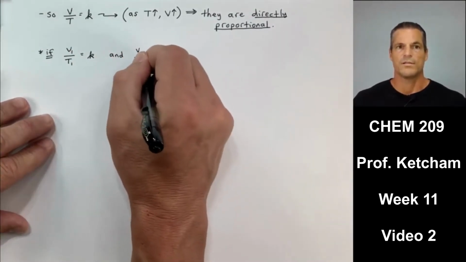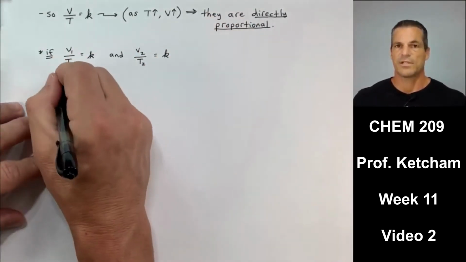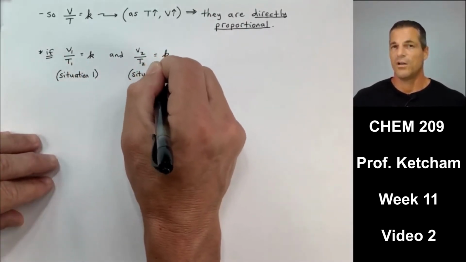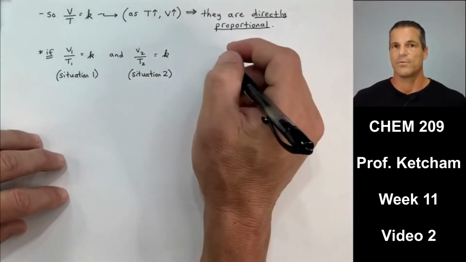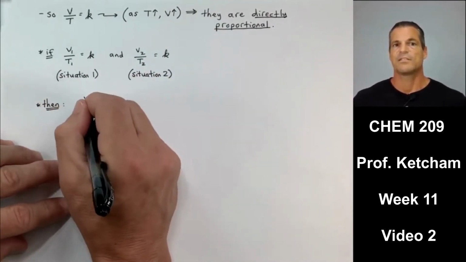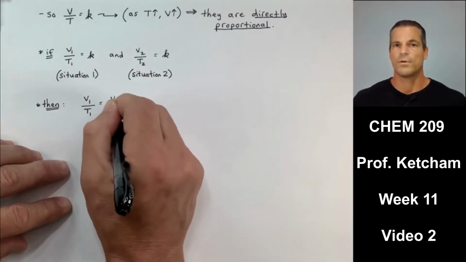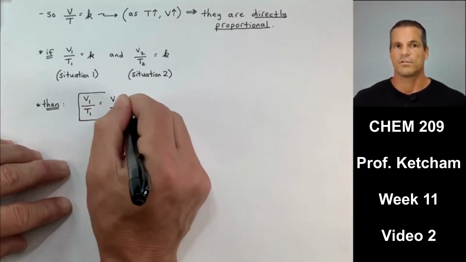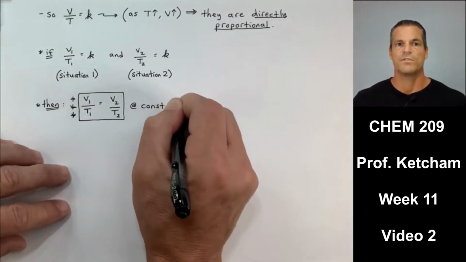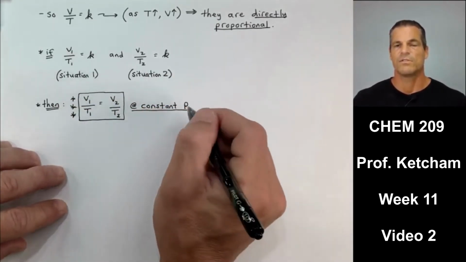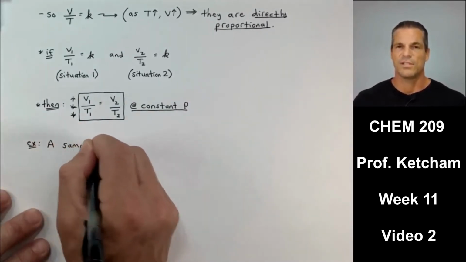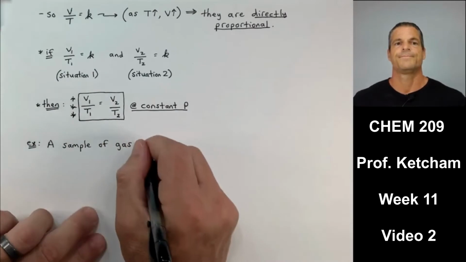Situation 1, V1 over T1 is equal to K. Situation 2, V2 over T2 is also equal to K. Since they're both equal to K, I can just set them equal to each other. And this gives us the usable equation for Charles' law. 3 stars around it. This is what you want to remember: V1 over T1 equals V2 over T2, constant pressure. That's the Charles' law that we'll be using when solving problems.